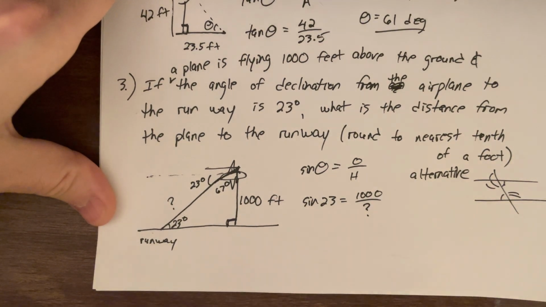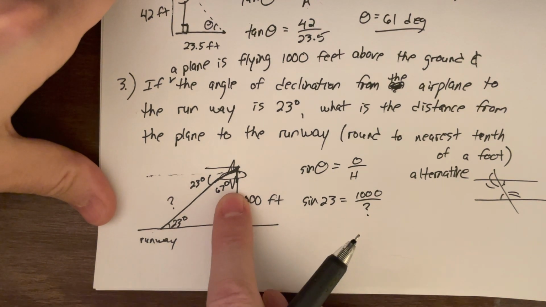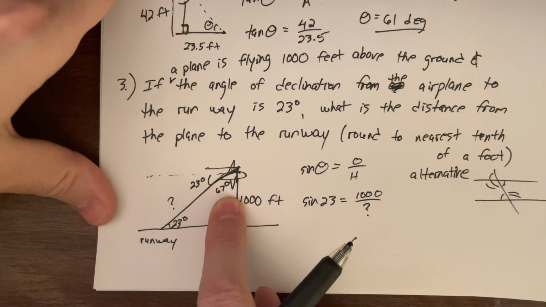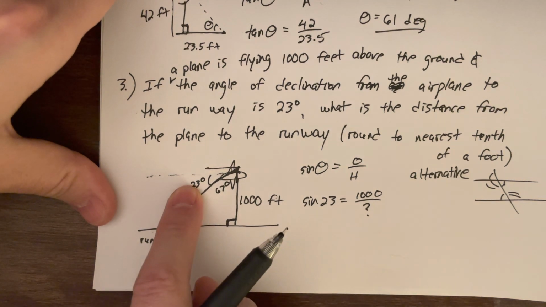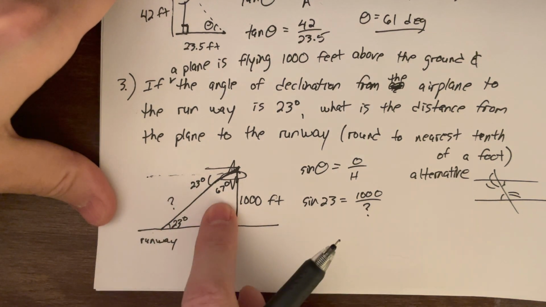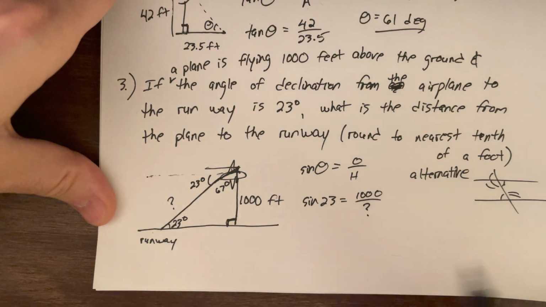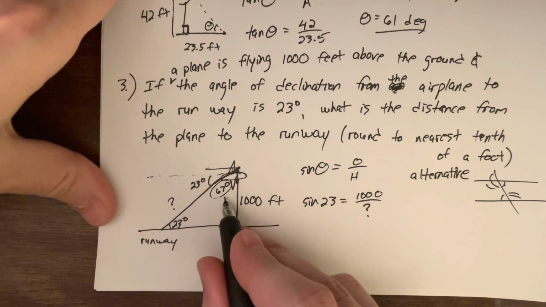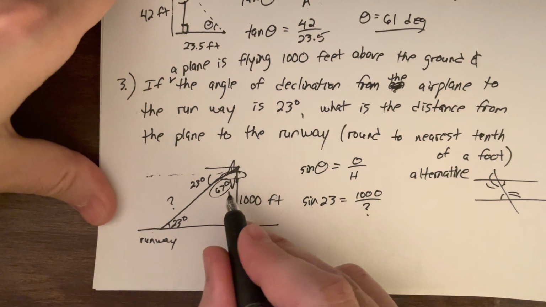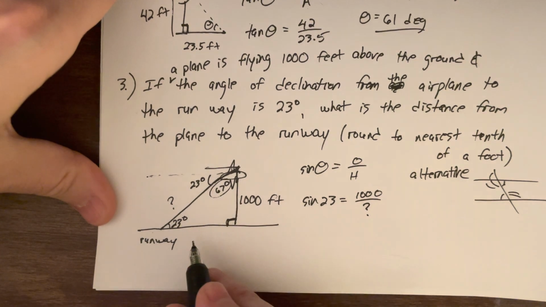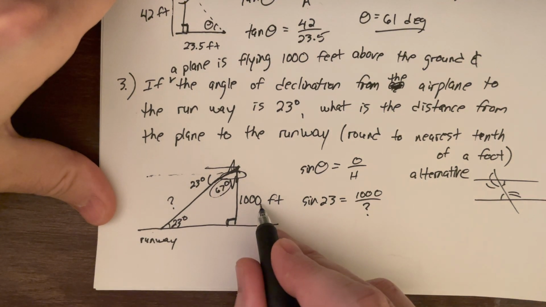I'm just doing 90 minus 23. So again, these two combine to give you a 90-degree angle. If you know this one is 23, 90 minus the 23 gives you 67. So if this is the angle you put into your triangle, well, from this angle's perspective, this is the opposite and this is the adjacent.